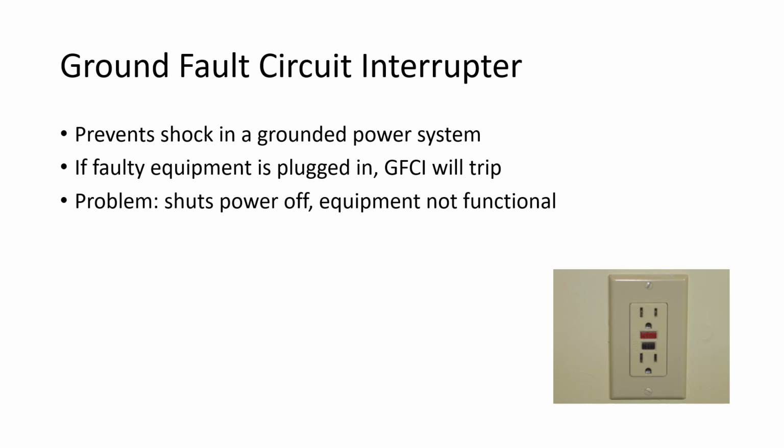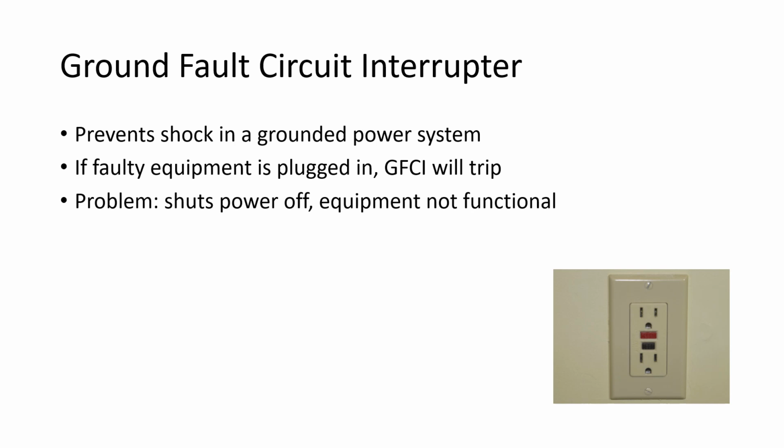So what if you have a grounded power system like a home? How can you prevent macroshock? So ground fault circuit interrupters can be used. These are often used in wet environments which have a higher risk of shock, like bathrooms and kitchens in homes. If faulty equipment is plugged in, the GFCI will trip and the circuit will be interrupted.